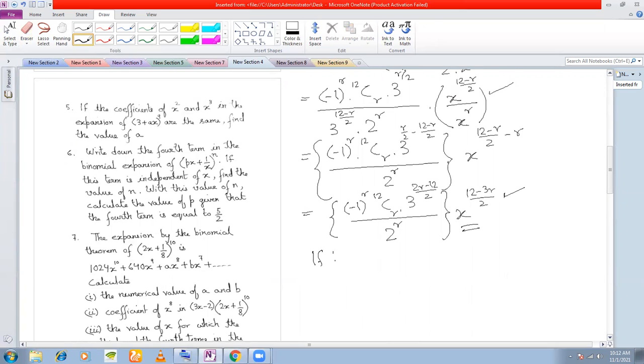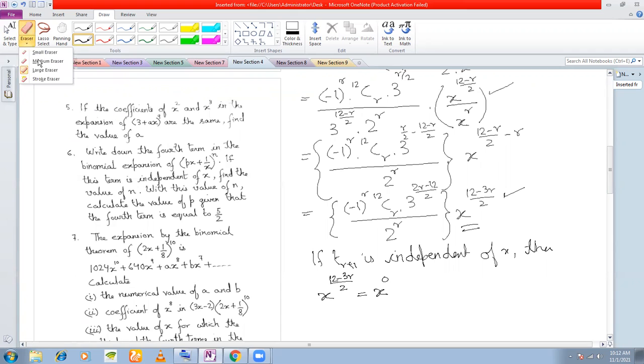So if tr plus 1 is independent of x, then x to the power of 12 minus 3r divided by 2 must be equal to x to the power of 0, or you can write 1 also. Okay, and let me write 1, and then you can write x to the power of 0 in the next step. This must be equal to 1.